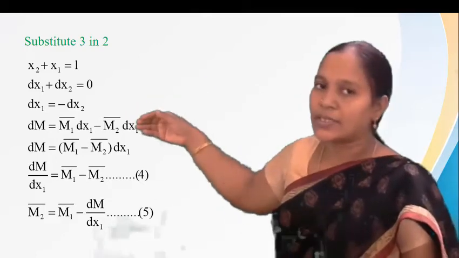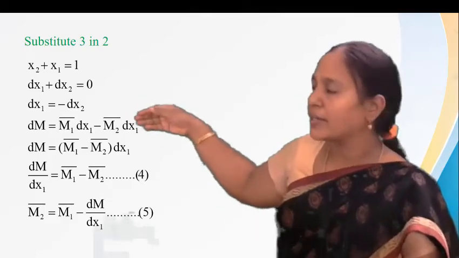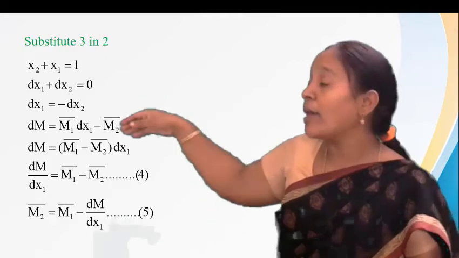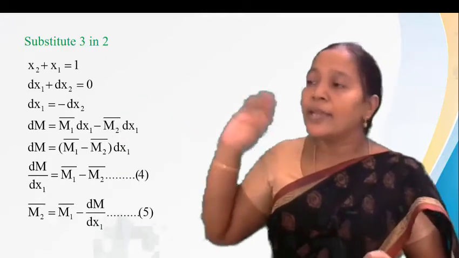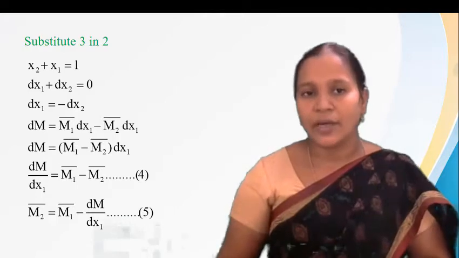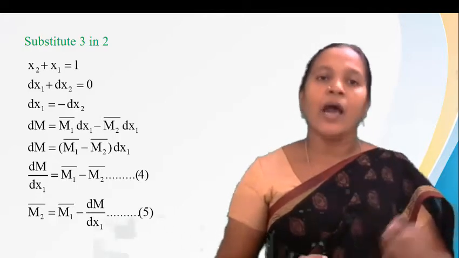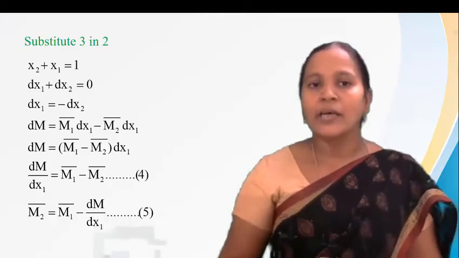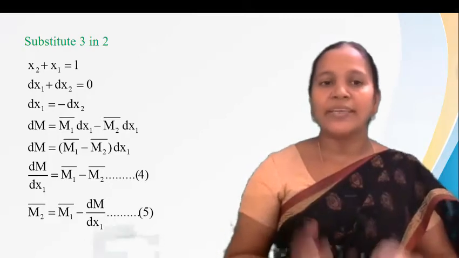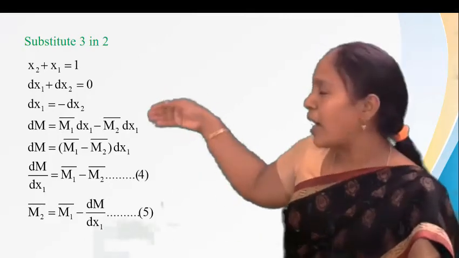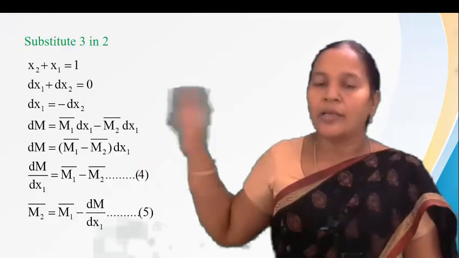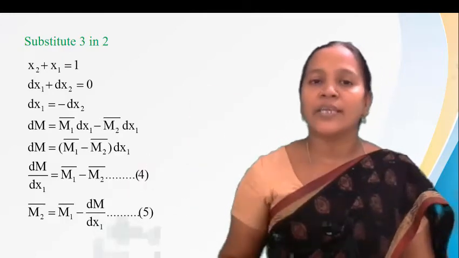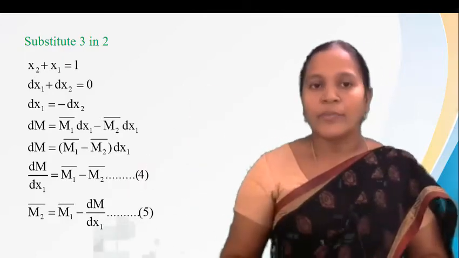Therefore, dM is equal to M1 bar dx1 minus M2 bar dx1. Then eliminate the term dx1 and taking the right hand side of the equation, dM/dx1 is equal to M1 bar minus M2 bar, which is indicated with equation 4.